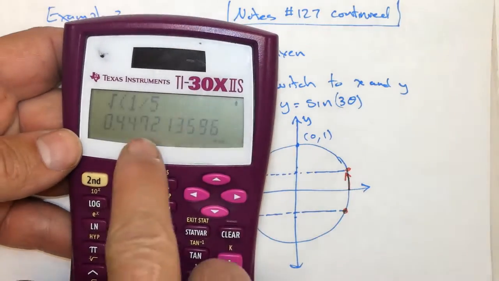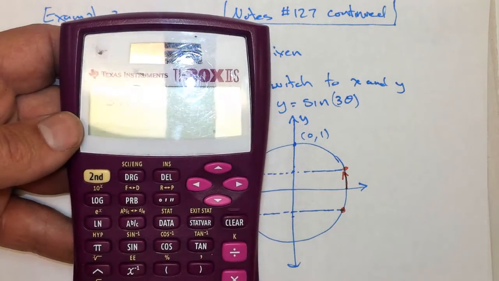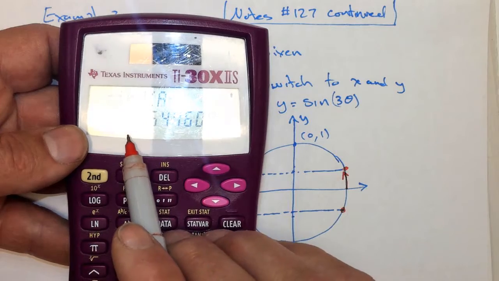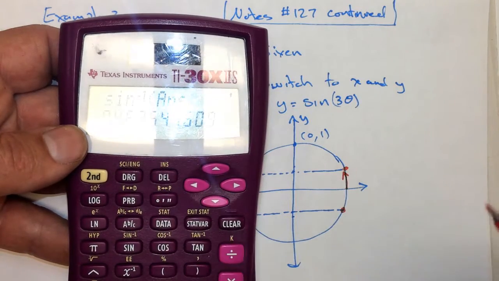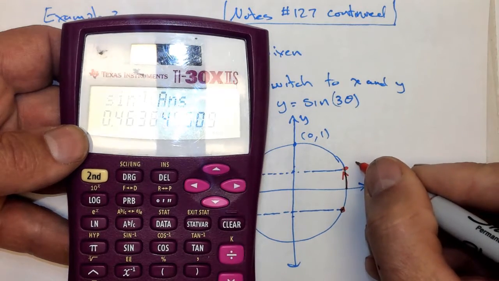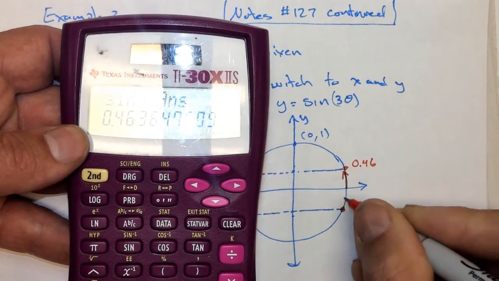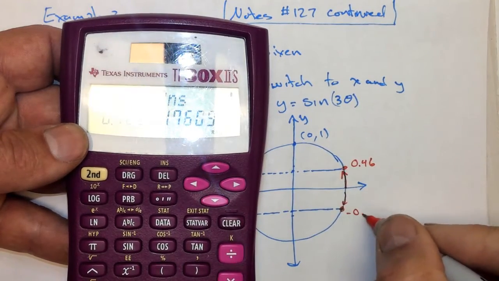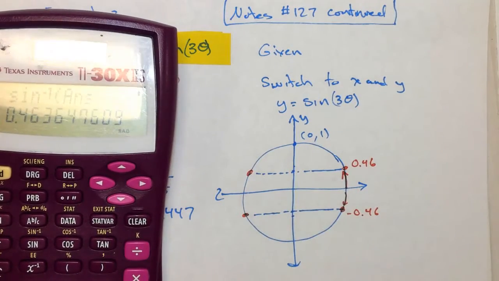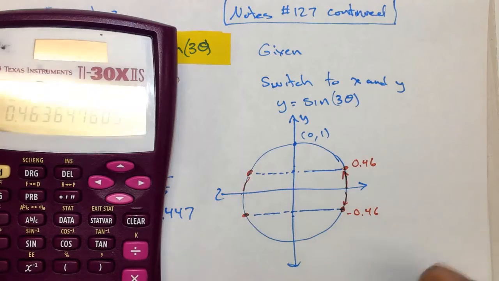So now, without changing that, I'm just going to take the inverse sine of that. So inverse sine of my answer, and I get 0.46. And I'm going to just use 2 decimal places from here on out. I got my angle, 0.46. That would make this negative 0.46. And if I want to find these other solutions, this one would be pi minus 0.46.